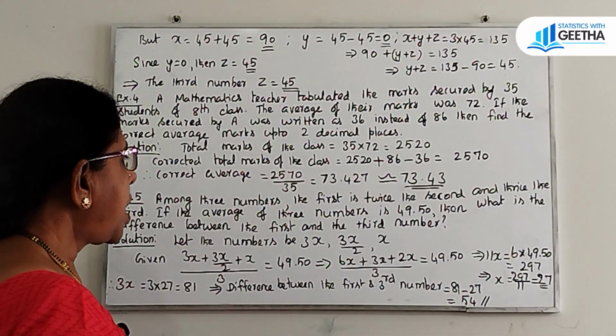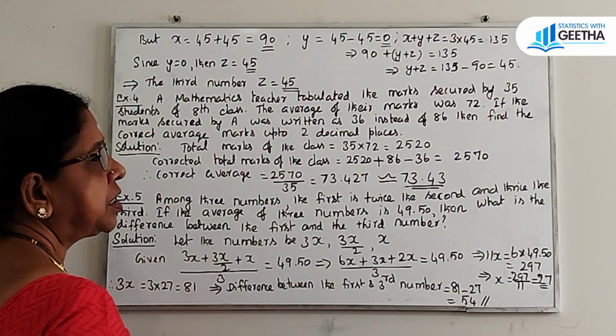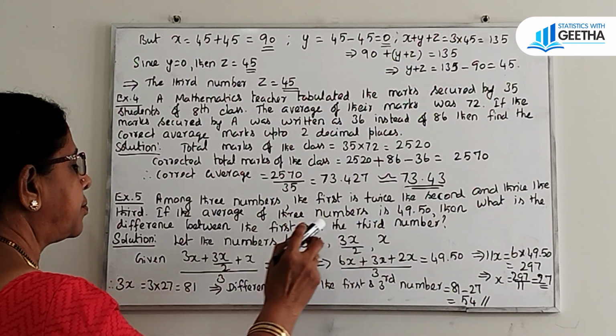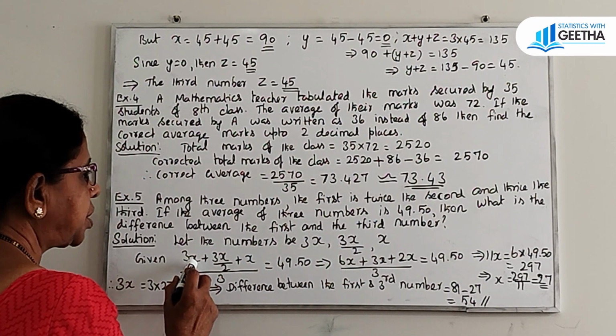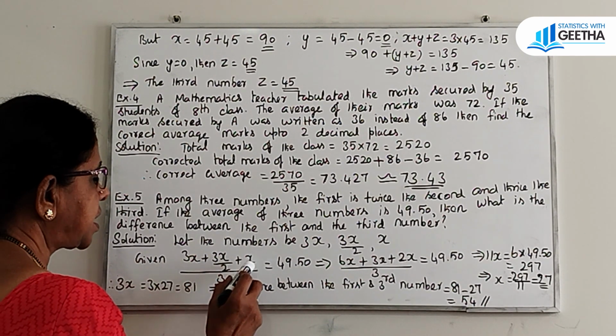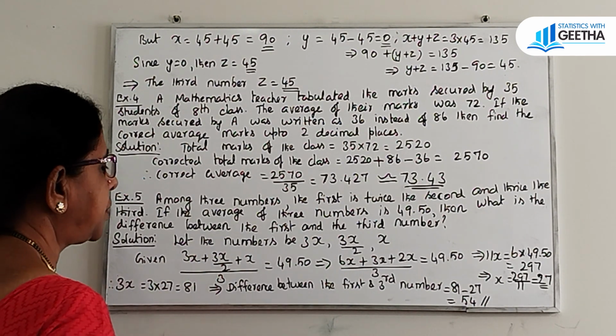So given average 49.50 கொடுத்துருக்கு. So 3x plus 3x by 2 plus x whole divided by 3 equal to 49.50.